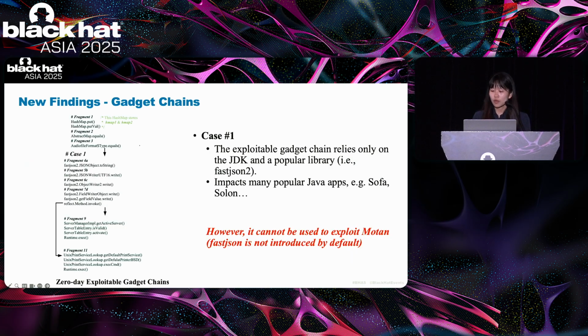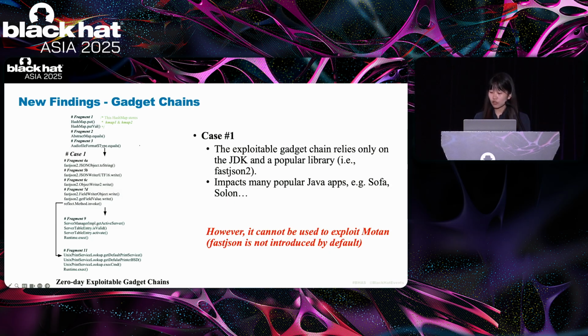Next, we demonstrate how replacing certain fragments in a real-world zero-day gadget chain detected by JDD can broaden or change its attack surface. As shown in this picture, this gadget chain, which relies solely on the JDK and the popular library FastJSON2, can exploit many widely used Java applications like Sofa and Solon.